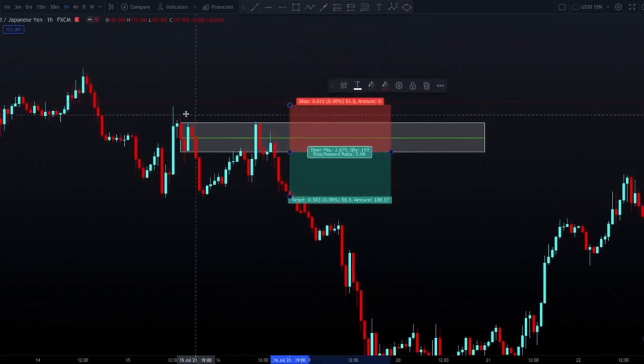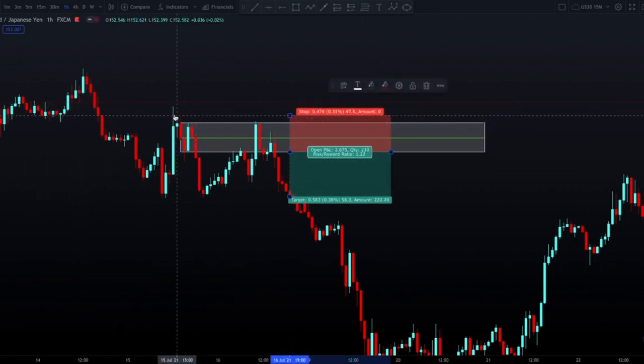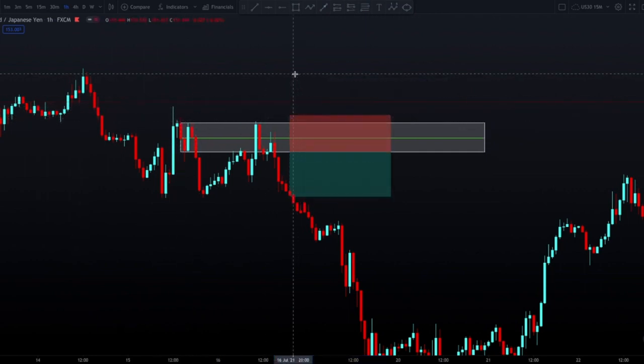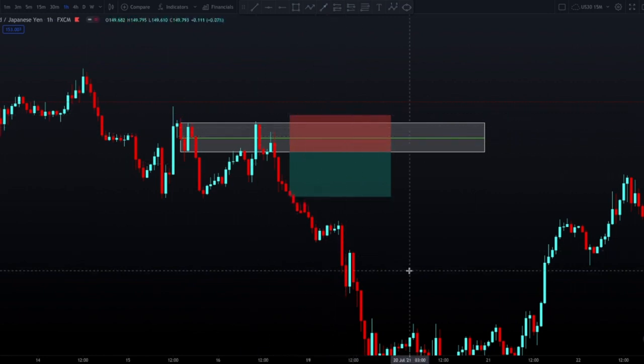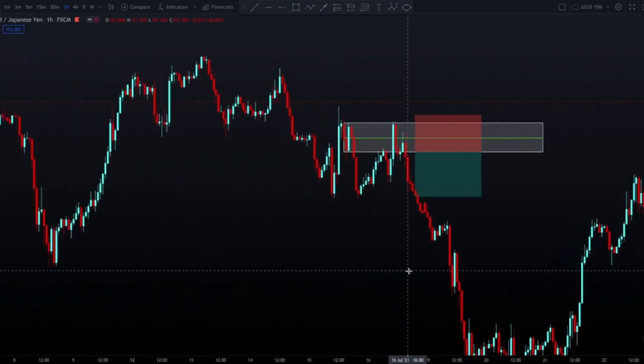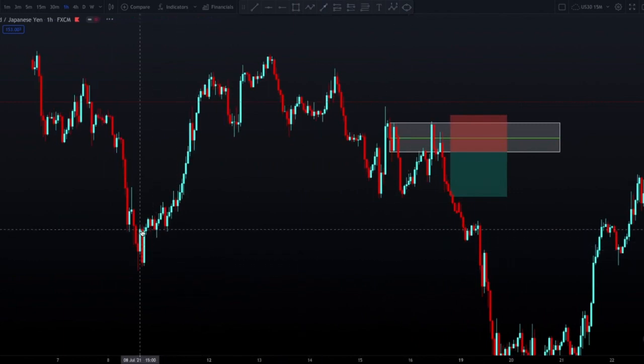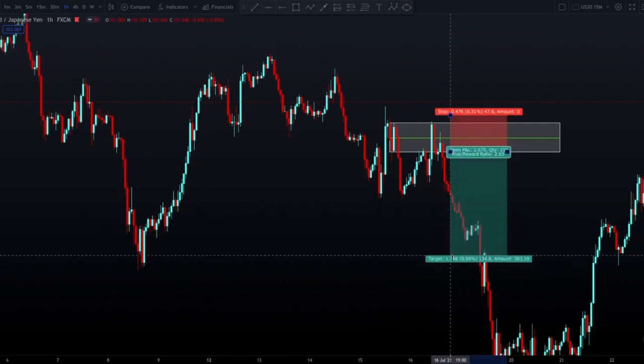One trade starts when the bottom of the order block is broken. And the other one, you can start after, if there is a pullback, okay? You can draw there, starting from 50% of that order block.